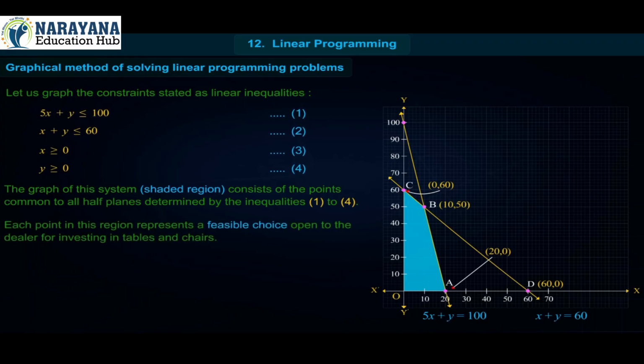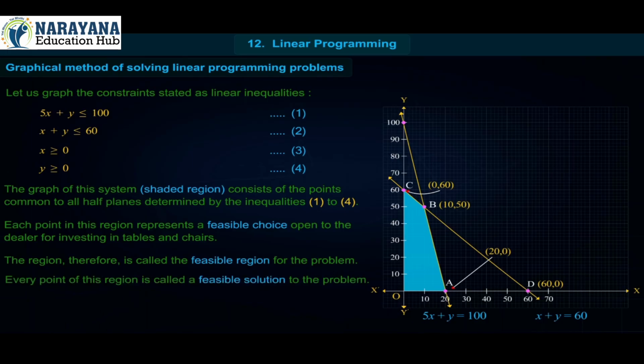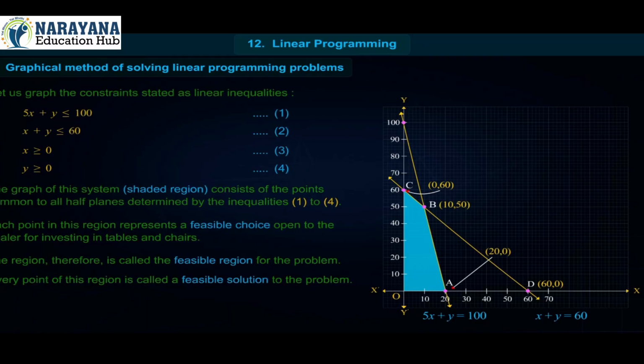Each point in this region represents a feasible choice open to the dealer for investing in tables and chairs. The region, therefore, is called the feasible region for the problem. Every point of this region is called a feasible solution to the problem.